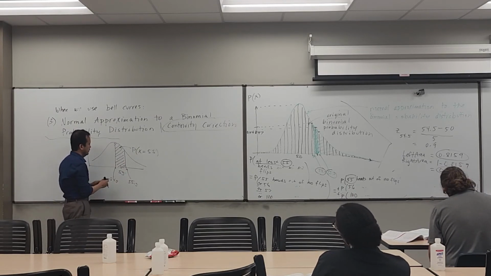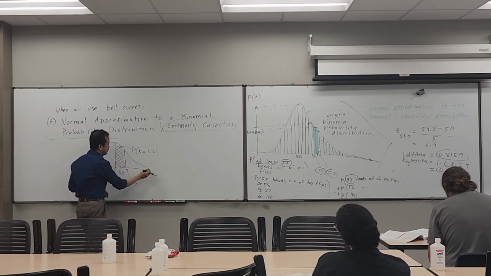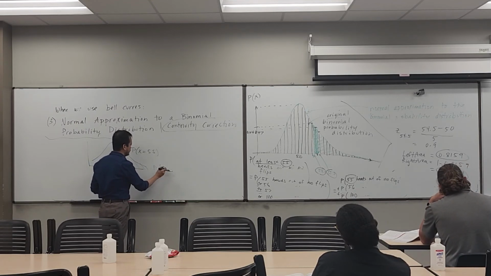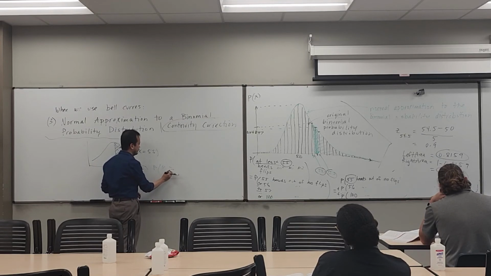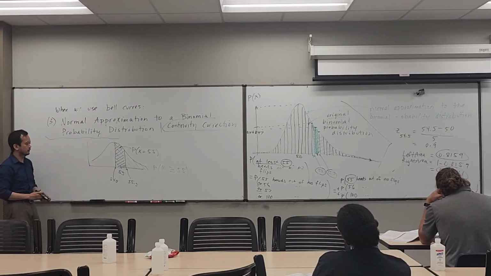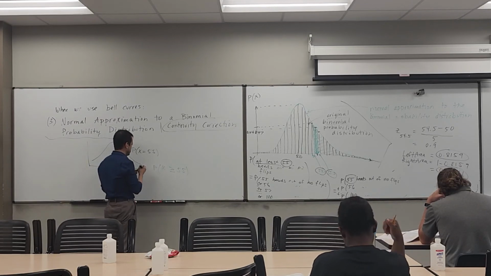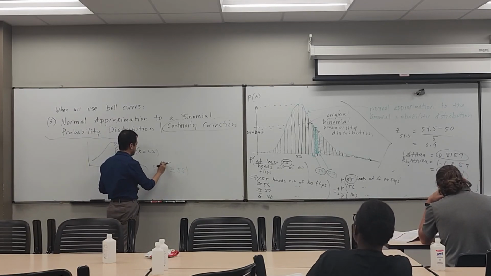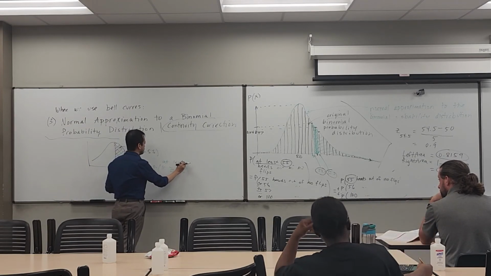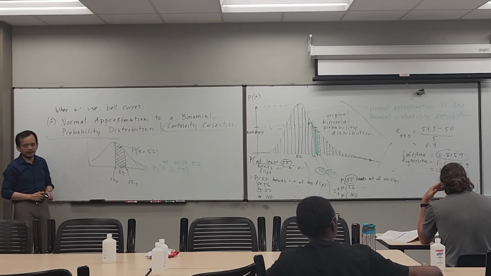So this will represent the probability of x is at least 55. So 55 or more. So, okay. So at least. So what if we wanted the probability of at most 55?